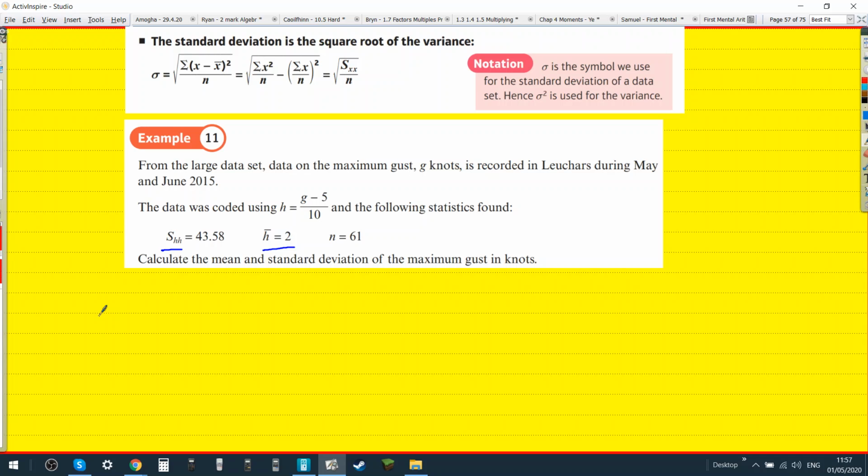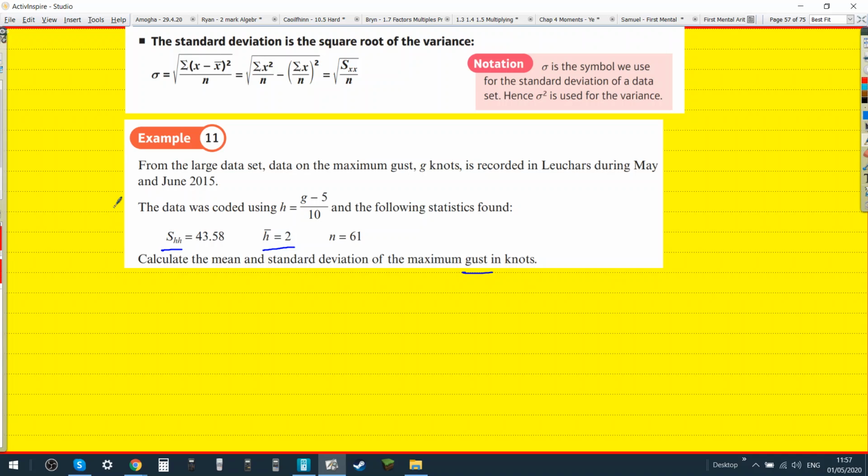No, they've already done all that. They said H bar is 2 and H is a coding of the raw data. So they had the raw data, they subtracted 5 and then divided by 10 and found the average of that, and they got 2. So now we need to find the actual average of G.